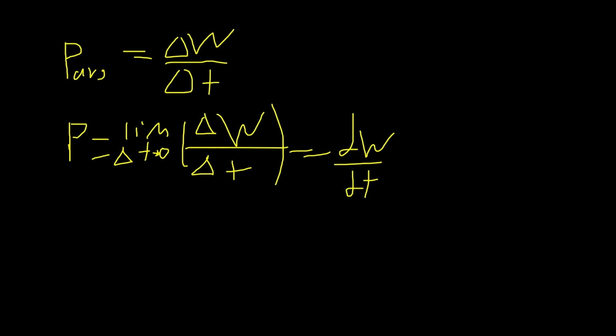This basically means a small segment of work divided by time gives you your power. And we denote those as watts, as I mentioned before. So we get watts, this is how you spell it, and we denote it as a large W, which is exactly how we denote work.